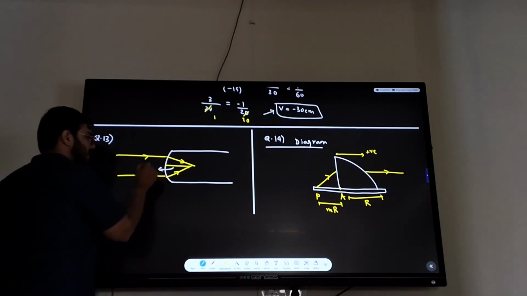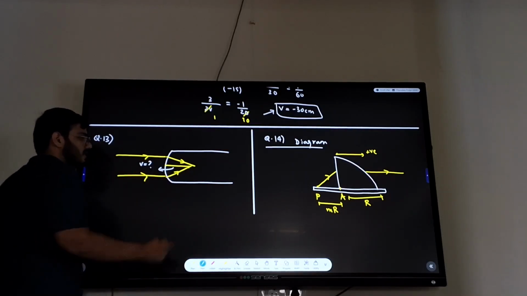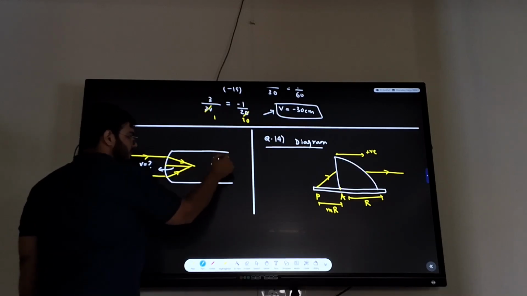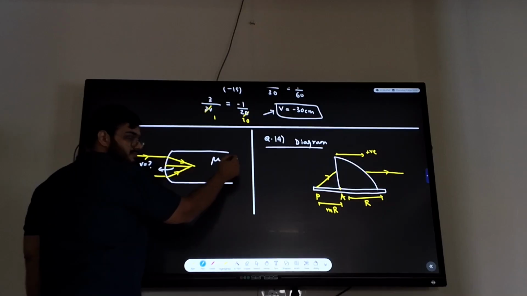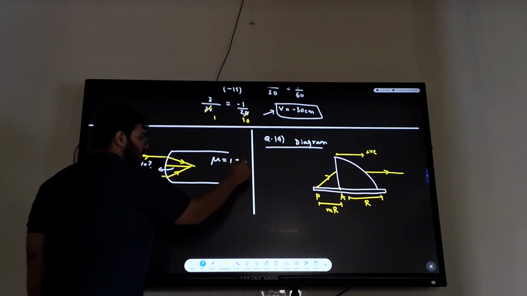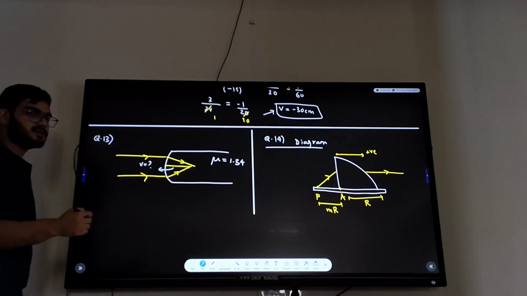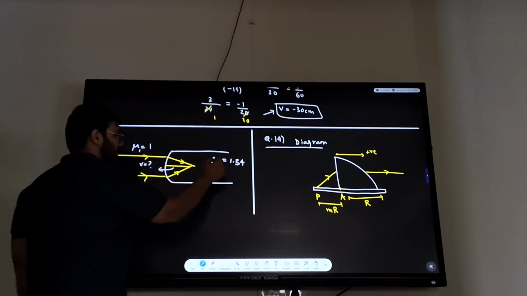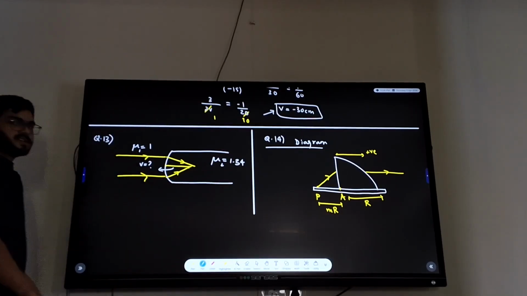So here V निकालना है. V is equal to what? What is the mu given here? 1.34 here. 1.34 correct? And here mu is given to be 1. This is mu1, this is mu2. What is u?